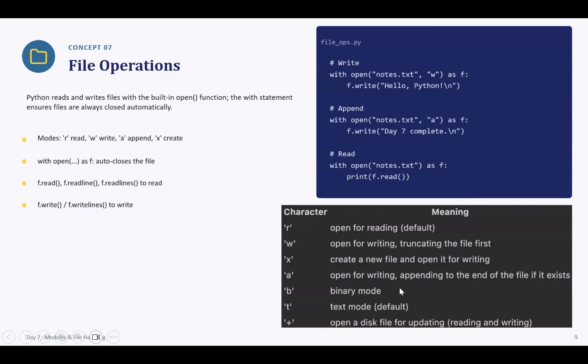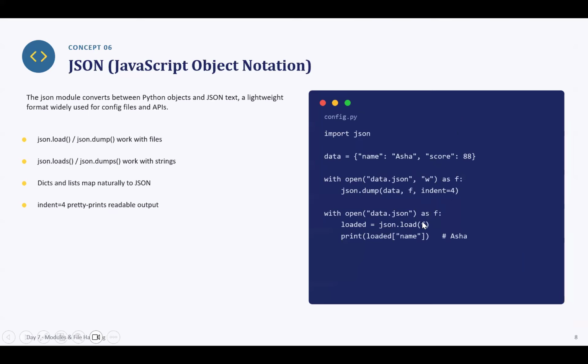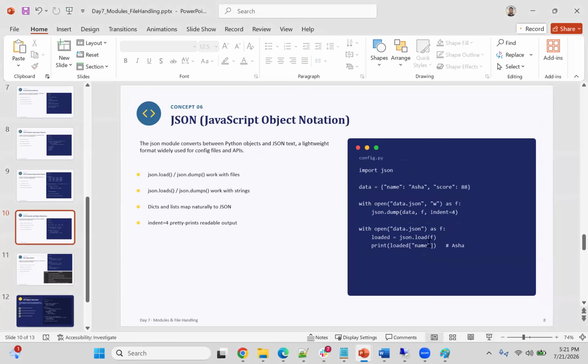A means open for writing and appending, meaning if you want to add any more data into it. B means binary mode. T means text mode. Plus means open a disk file for updating, meaning read or write whatever you want to do. You can do it with a plus. So let's quickly just do it with the JSON one.